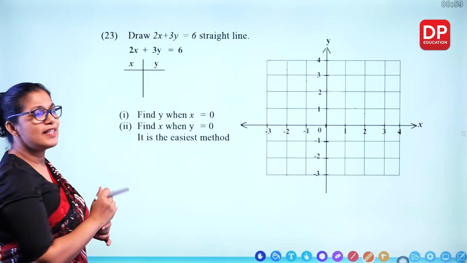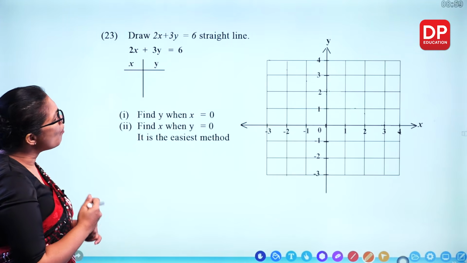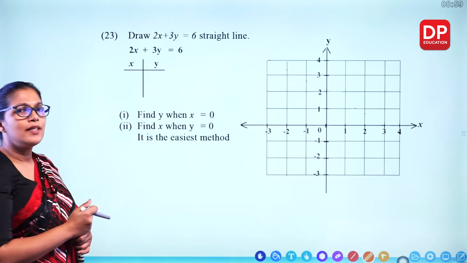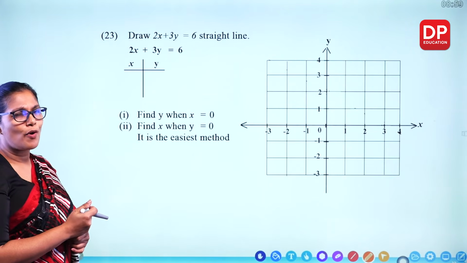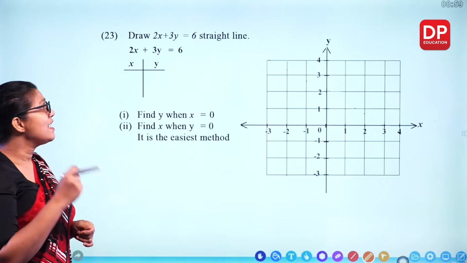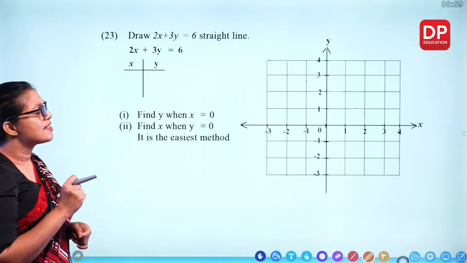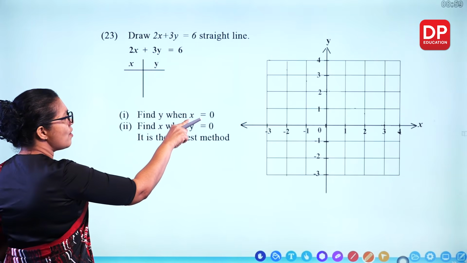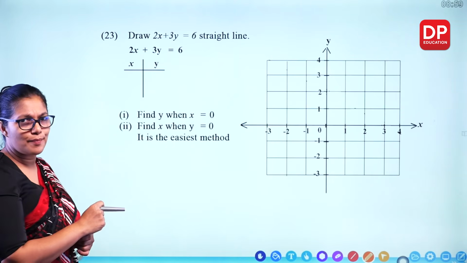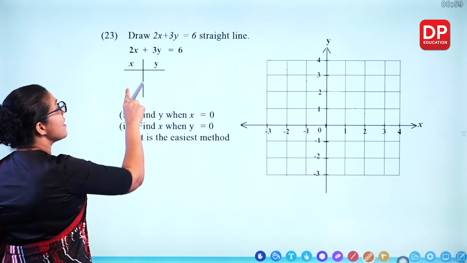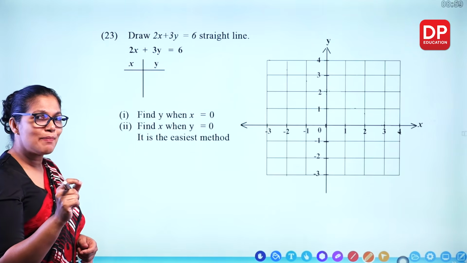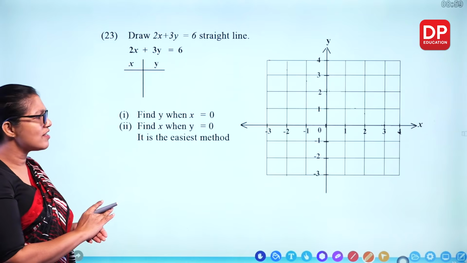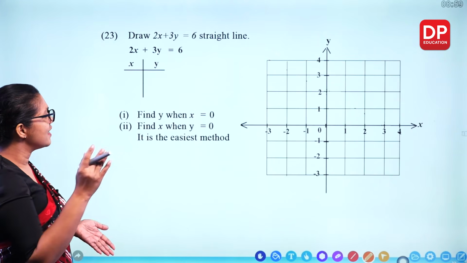If you want to draw it, you can take 2 points, easily by substituting x equals 0 and y equals 0. Normally we need 3 points, but if you want to see whether it's a straight line, you can just take 2 points and connect them.